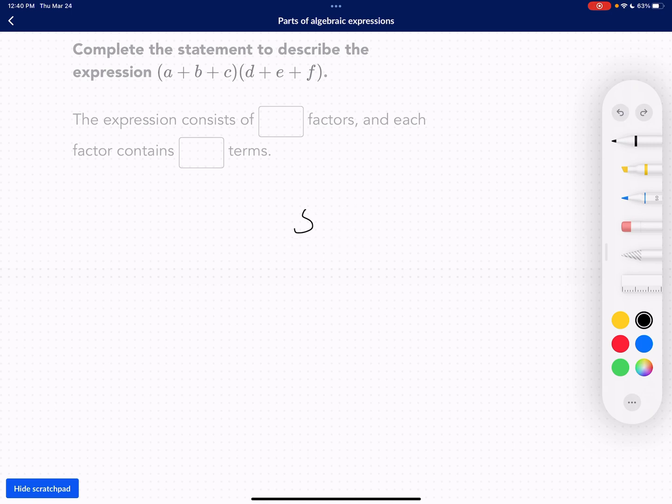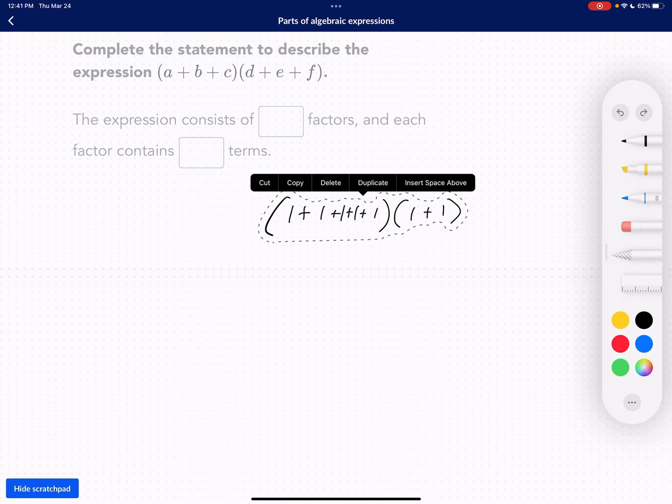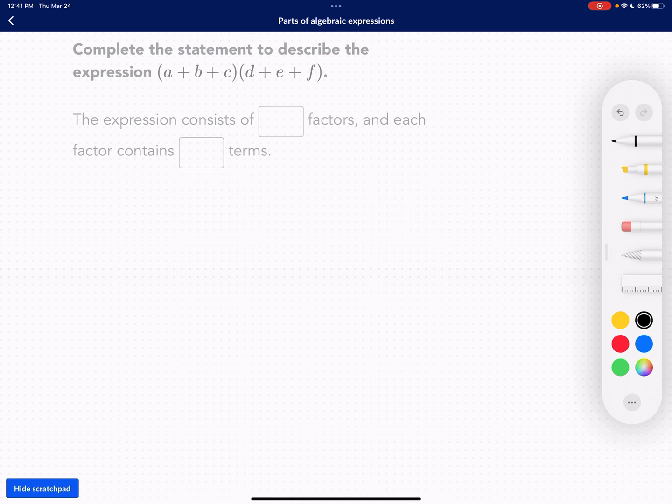But if I rewrote each one of those, like we wouldn't want to do this, that's 5 ones being added together, which is the number 5. And this is 2 ones being added together, which is the number 2. So I could say that this is one factor with 5 terms, and this is one factor with 2 terms. Nobody would do that. But if you're ever just wanting to have a little bit of fun, go ahead.